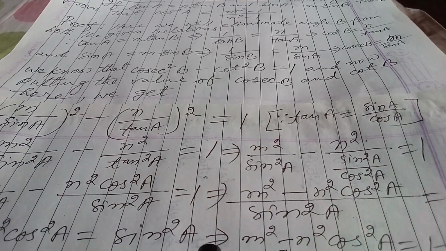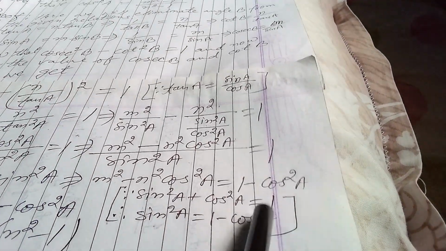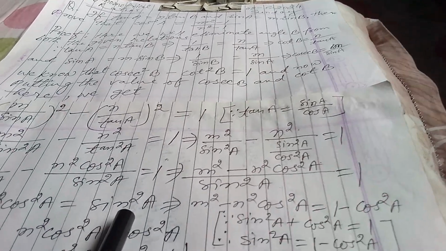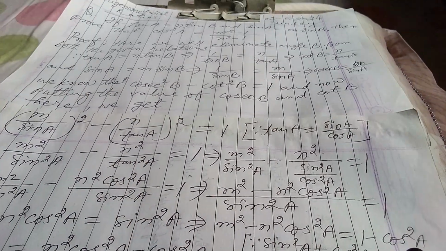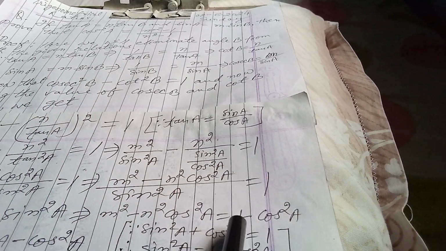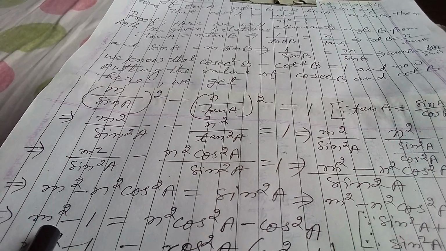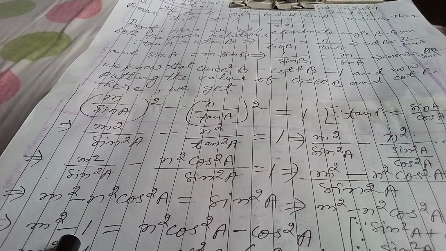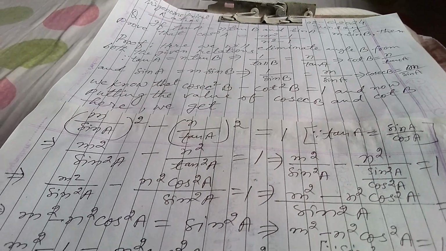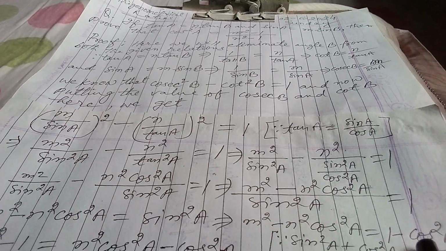Now you know that sin square A plus cos square A equals 1. Therefore sin square A equals 1 minus cos square A. So in place of sin square A, we write 1 minus cos square A. So we get m square minus n square cos square A equals 1 minus cos square A. And now this 1 comes to the left side, so it is m square minus 1 equals, and this comes to the right side, so it becomes plus, so n square cos square A minus cos square A, because cos square A is already present.